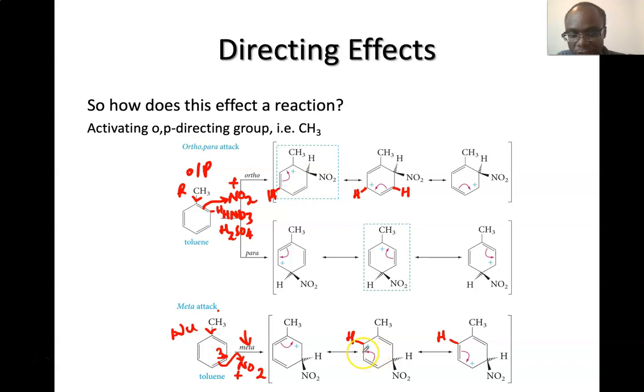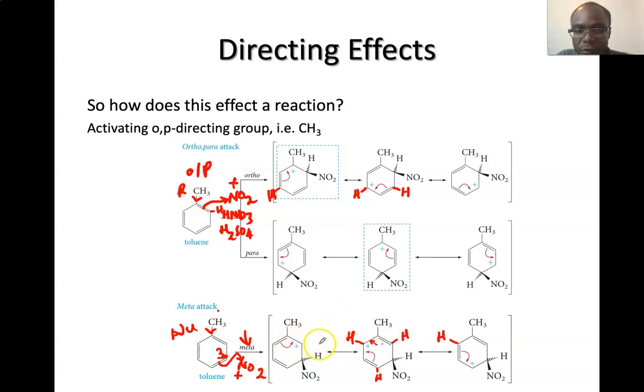Then push this double bond here. The carbon behind here will have a plus sign because it's one bond less, which is this. Or you can push this one here, then this hydrogen will get a plus sign, which is this structure.